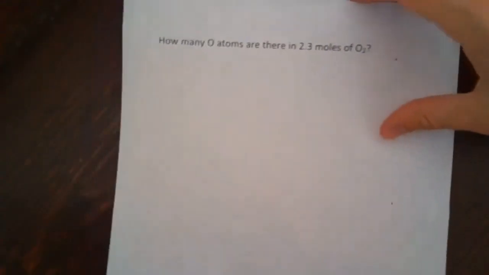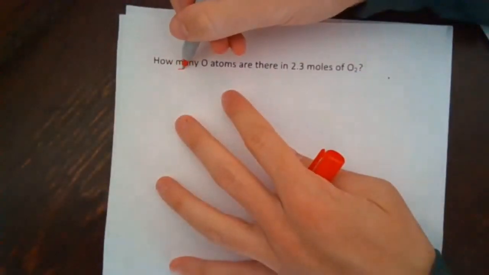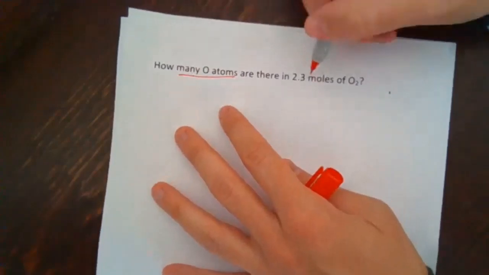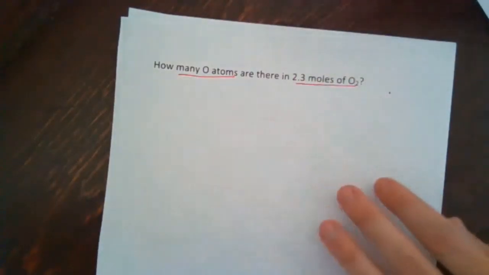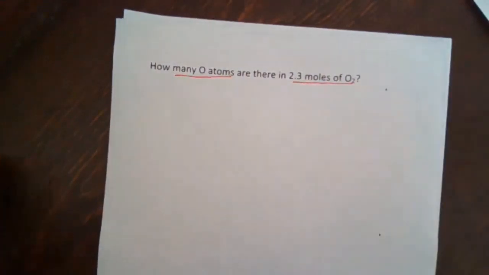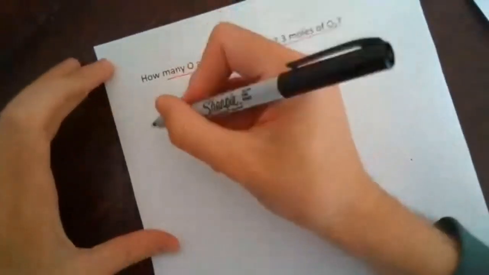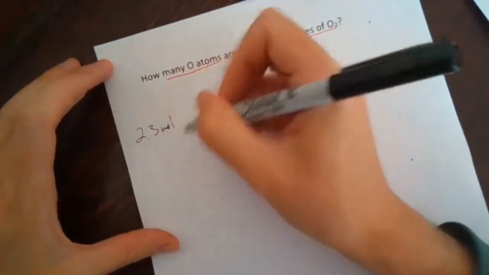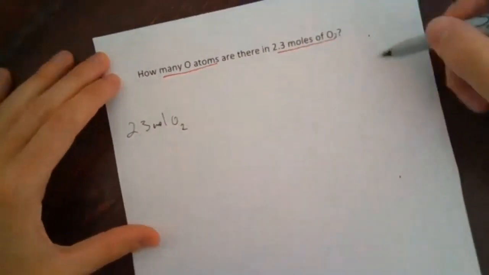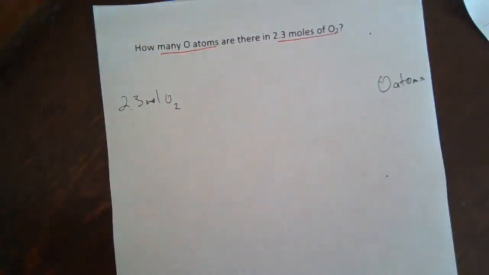How many O atoms are there in 2.3 moles of O2? All right, so I want O atoms, starting with moles of O2. When we look at this, you can see that we have a couple differences between where we're starting and where we're ending. We start with 2.3 moles O2, and in the end I want O atoms.